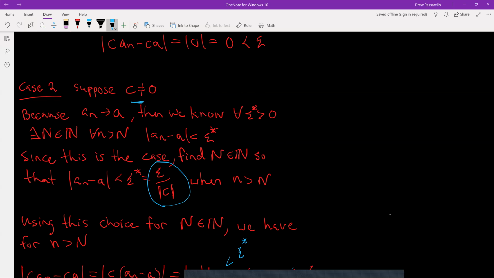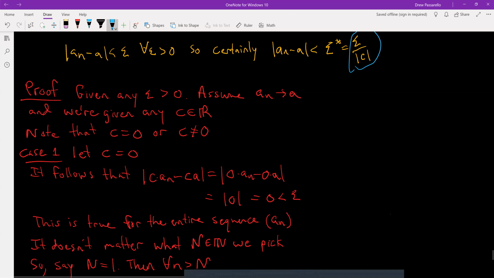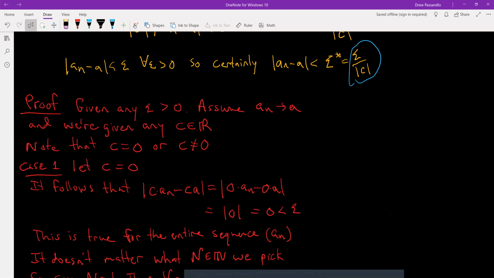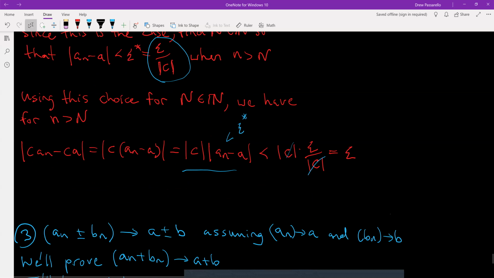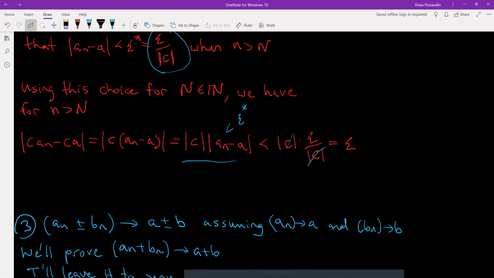Since that holds for any epsilon star, we just let epsilon star be equal to epsilon over the absolute value of c, for the value of epsilon that we were given in the very beginning of the proof. That way, this whole thing is eventually less than c times epsilon over the absolute value of c. All right, so that is the proof for number 2.